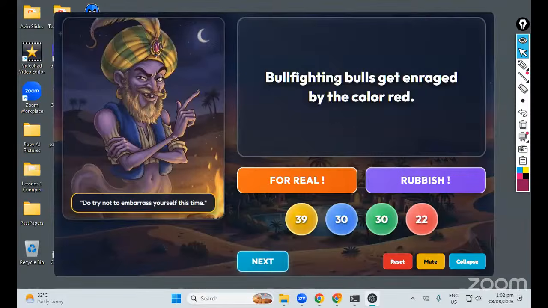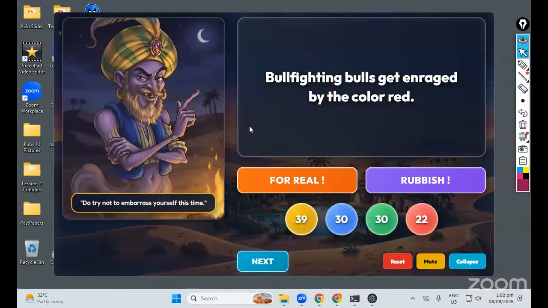Bullfighting bulls get enraged by the color red. Okay, this answer I know. Do y'all know the answer to this one? Where's the poll? All right, 10 more seconds.